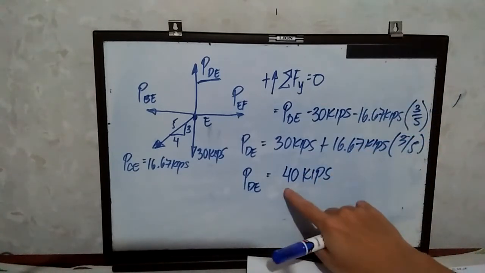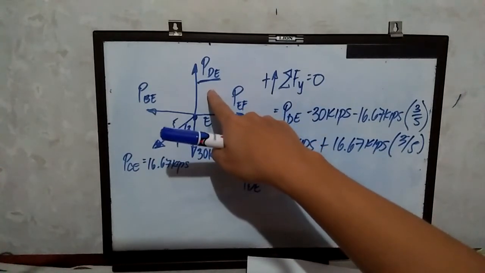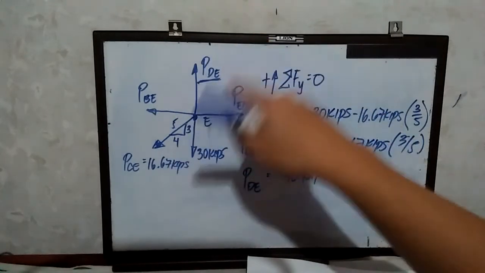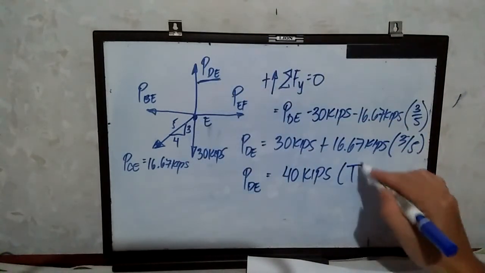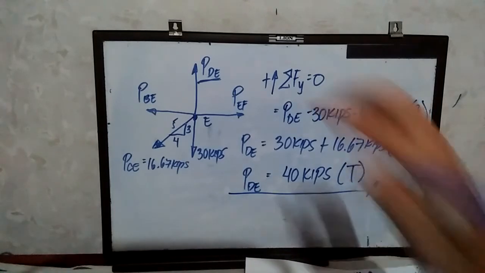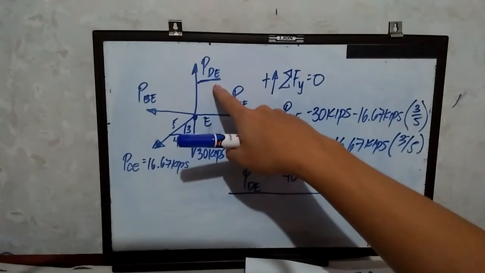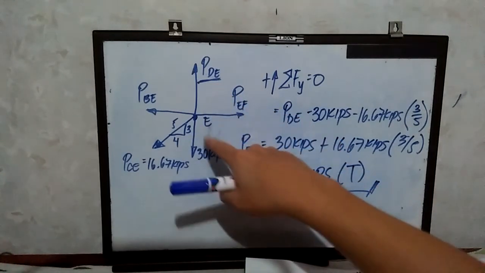So we have here a positive answer, meaning that our initial assumption for member DE is correct. So this is in tension. So that's how you solve for member P sub DE by using the method of joints at point E.